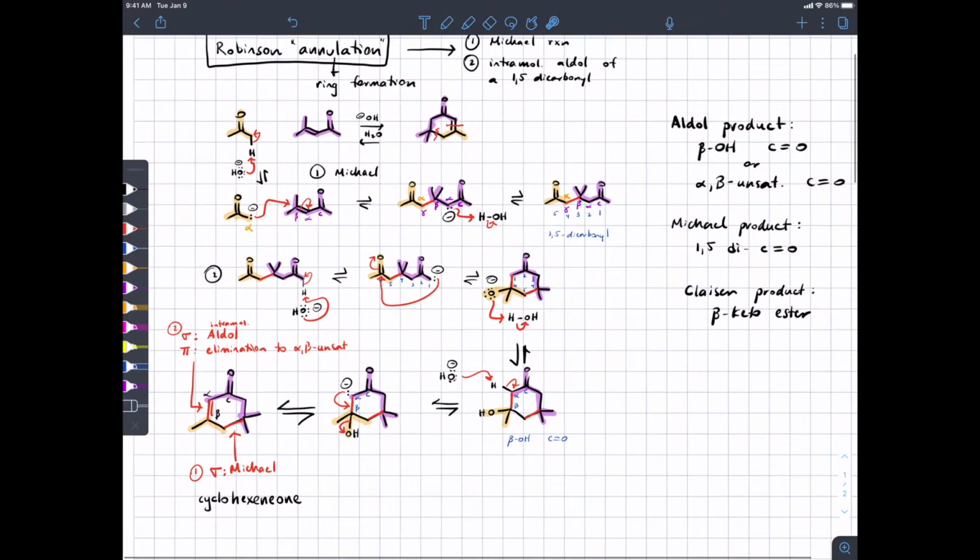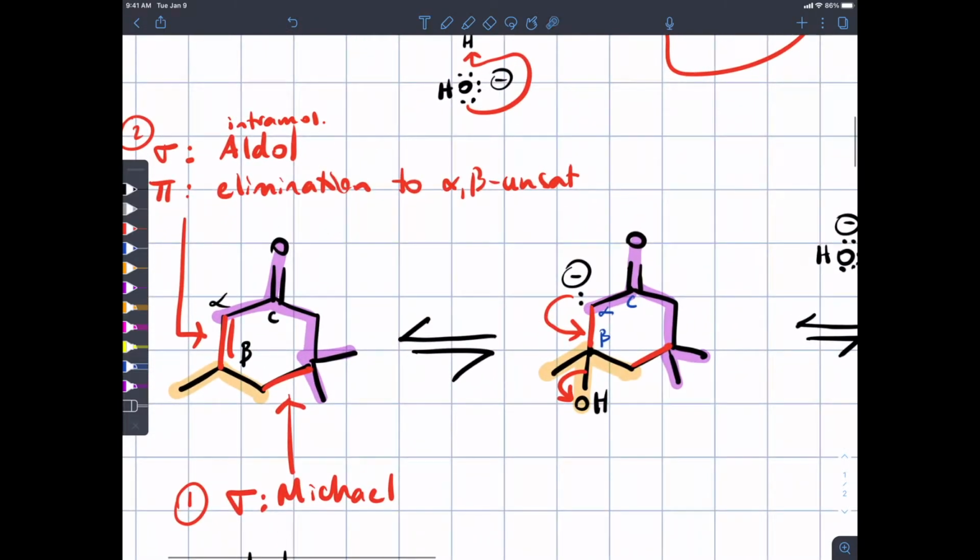So it can be helpful to include among the things that we are looking for a structural pattern that's present in Robinson annulation products, and that is a 6-membered ring with a conjugated pi bond, a carbon-carbon pi bond, and carbon-oxygen pi bond.